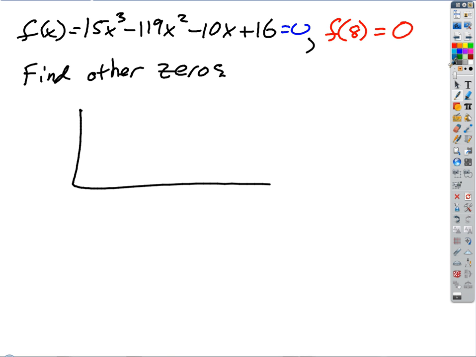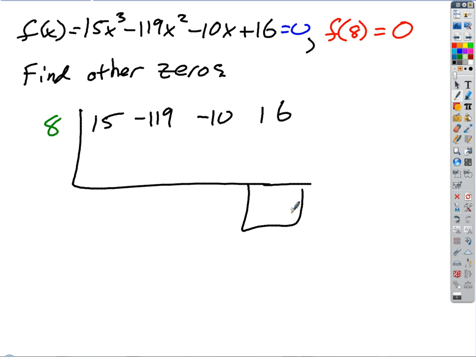What goes out front? 8. My coefficients are 15, negative 119, negative 10, 16. Do I know what goes in there? 0.